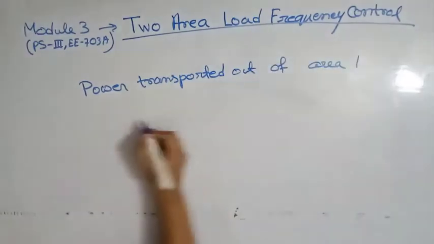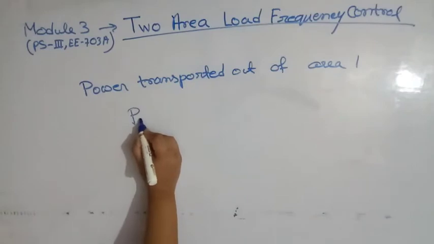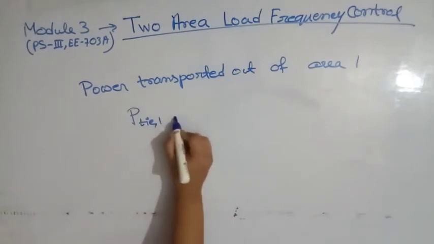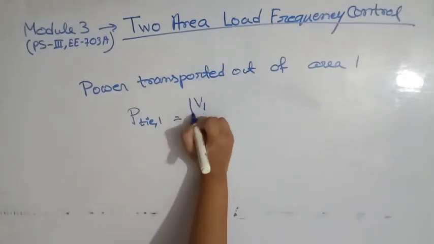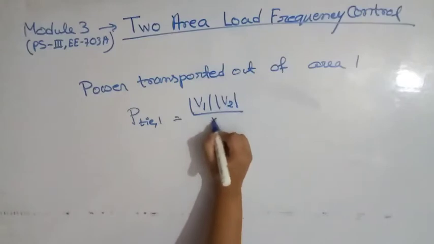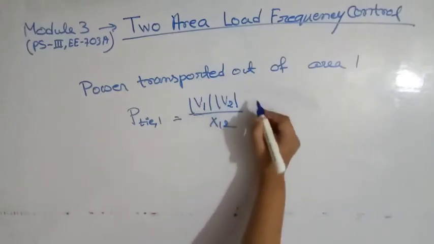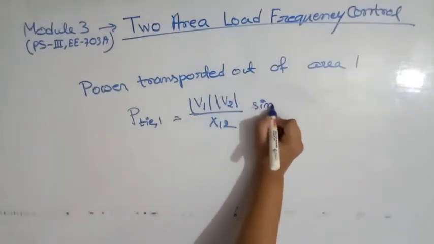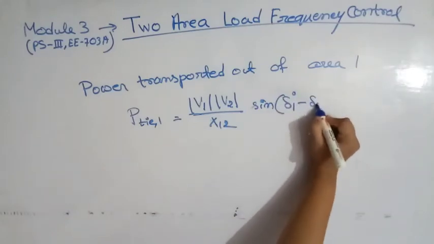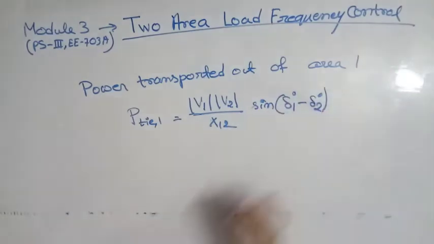is given by P tie 1 for area 1 equals V1 V2 by X12 sine of delta 1 to the power 0, that is the initial condition, minus delta 2.